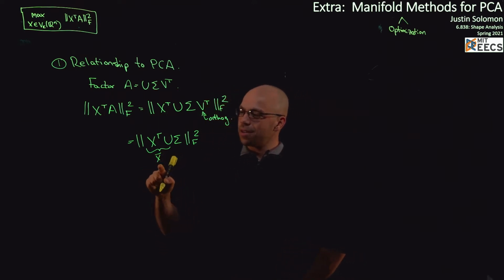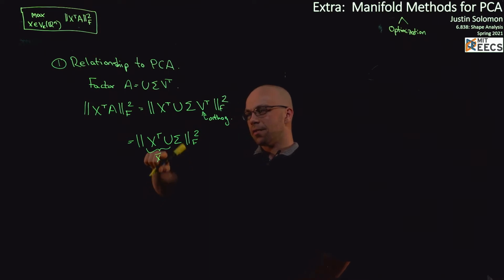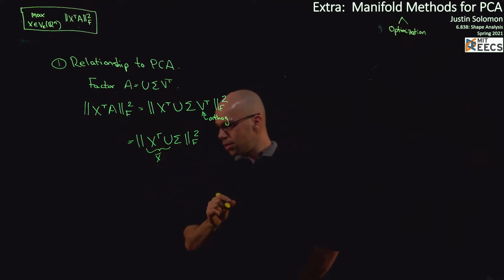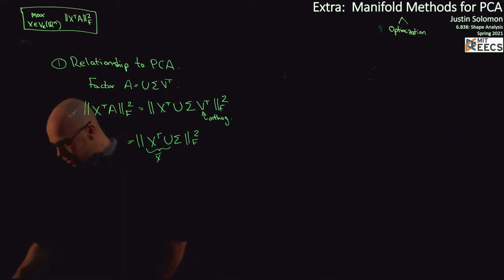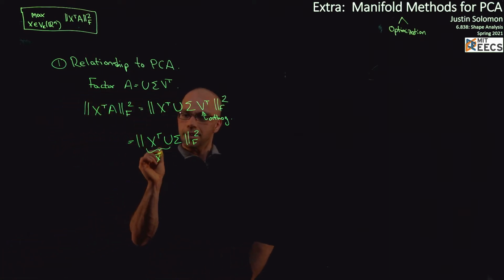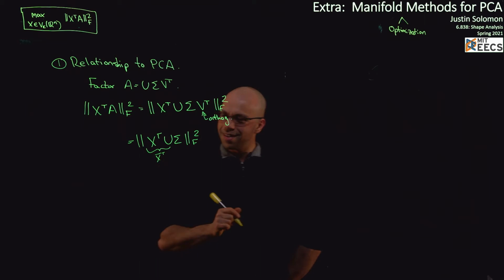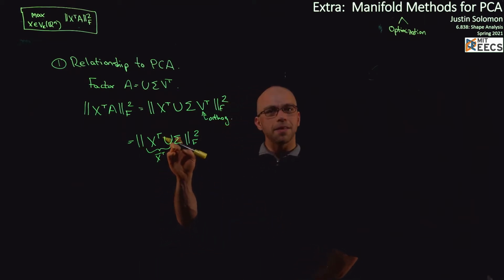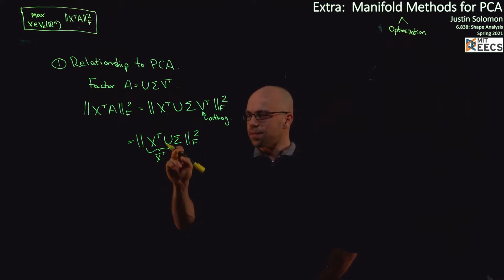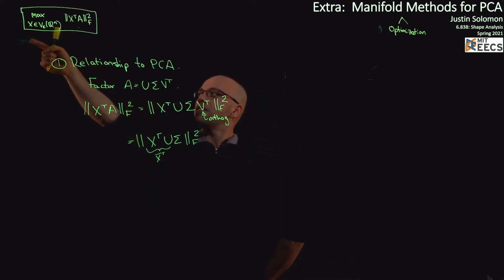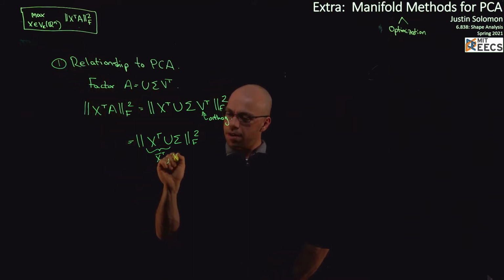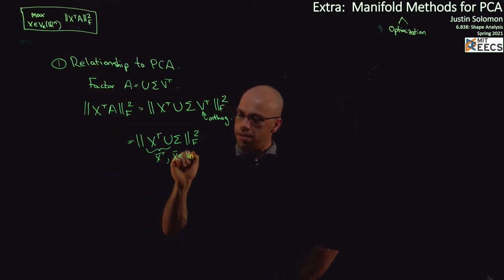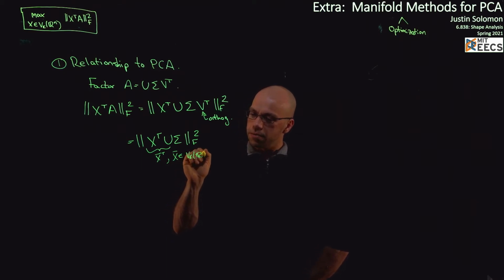The basic point is that I'm going to make a new matrix X bar, where X bar transpose is equal to X transpose U. And what is U? It's just a rotation or orthogonal matrix, so it doesn't affect the property of being in V_k. So X bar is also in the same Stiefel manifold, just rotated from X.